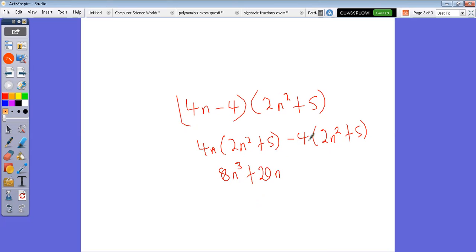Now let's remove the brackets this side. So if we multiply that, we get minus 8 what? n squared. Clear? Then negative times positive is a minus 20. Can you see that you can't simplify anything? This is n cubed, this is n, this is n squared, so all these are unlike terms. So you leave your answer like that.